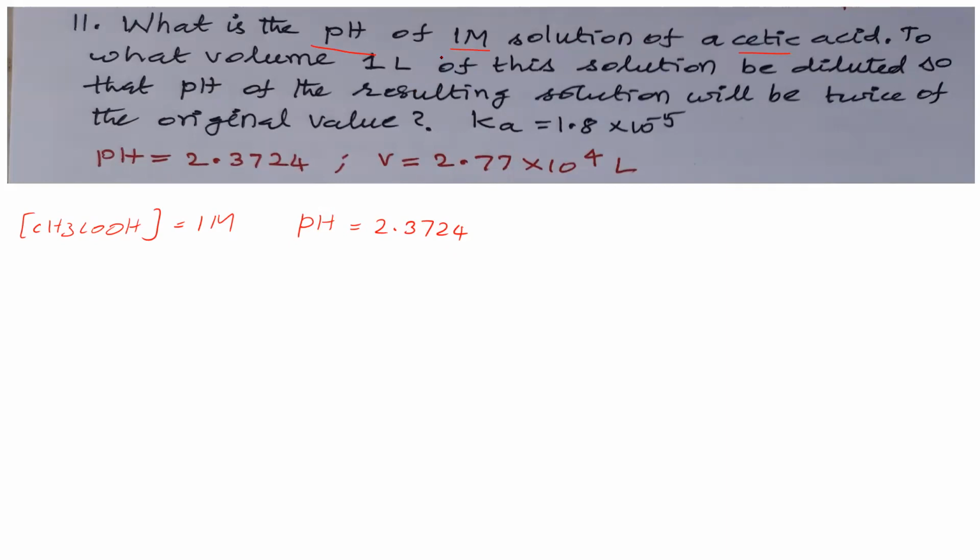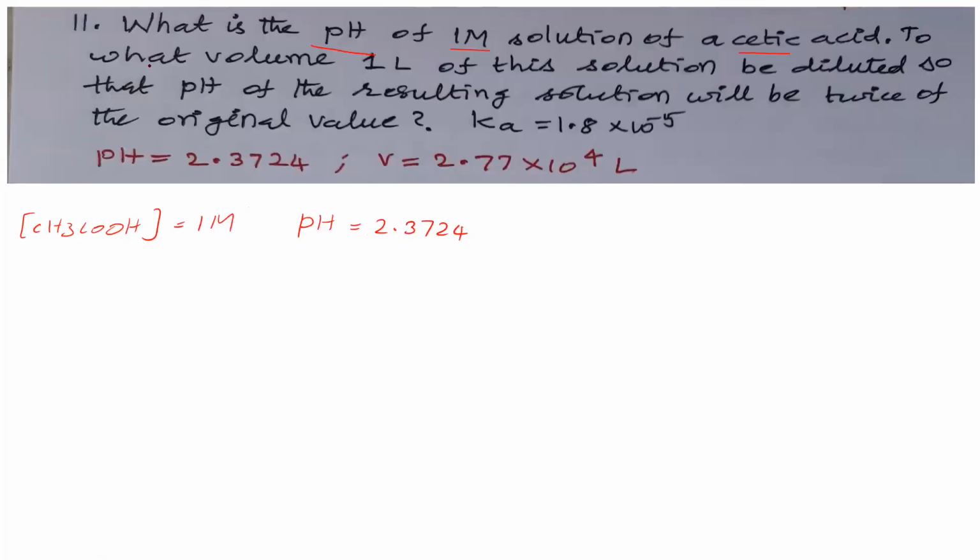So the pH of the acetic acid solution we have found. In the first statement they have given a 1 molar acetic acid solution, and for it we have found the pH. Next, to what volume must 1 liter of this solution be diluted so that the pH of the resulting solution will be twice the original value?